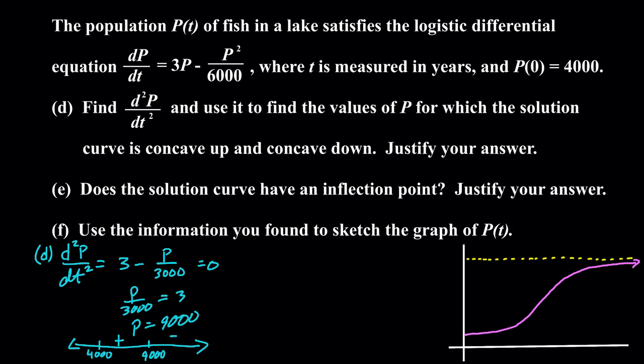Therefore, if we look at concave up, our function is going to be concave up between 4,000 and 9,000 because the second derivative is greater than 0. And our function is going to be concave down between 9,000 and 18,000, which is our ending amount here, or carrying capacity, because the second derivative is less than 0.